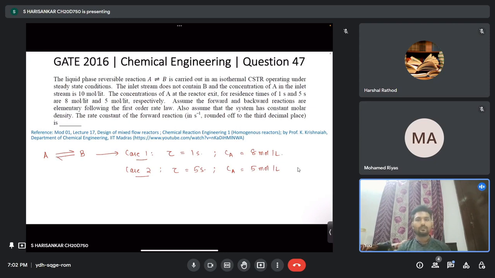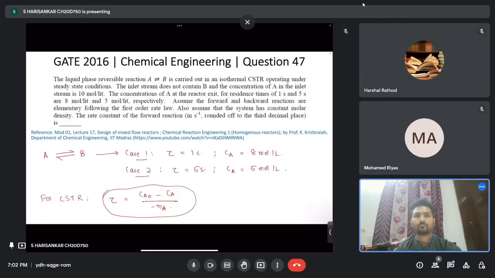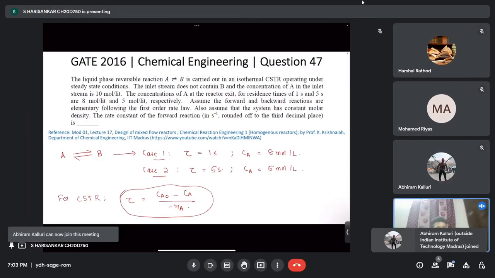Residence time here basically means the space time. So we can directly solve this question by using the design equation for CSTR. For CSTR, we have the design equation tau is equal to Ca0 minus Ca by minus Ra. Now what we'll do here is apply this design equation for both the cases.